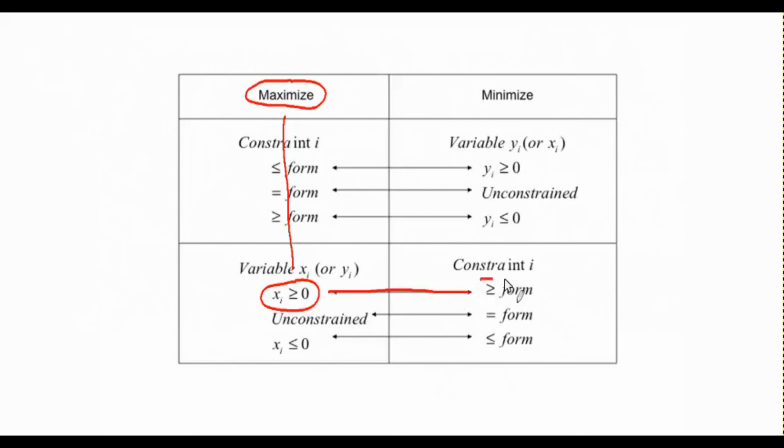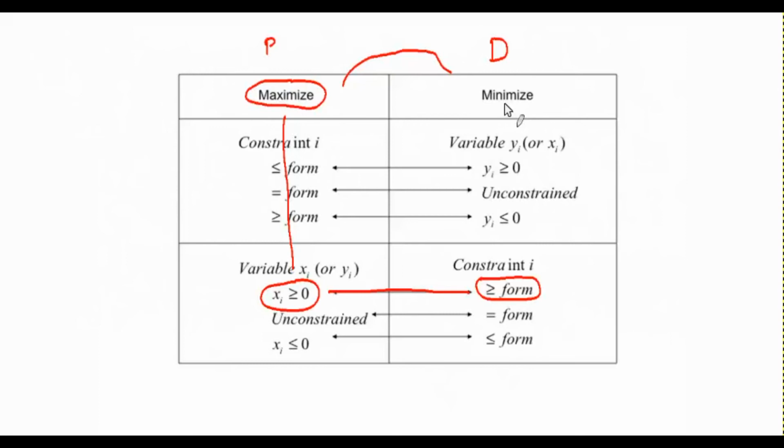We see that the constraint is in the greater than or equal to form. When we go from one column to the other, we're going from the primal to the dual, or the dual to the primal. So here, we have our primal, and we're moving over to the dual. So the dual will be a minimization problem. We just saw that when we created the objective function for the dual.